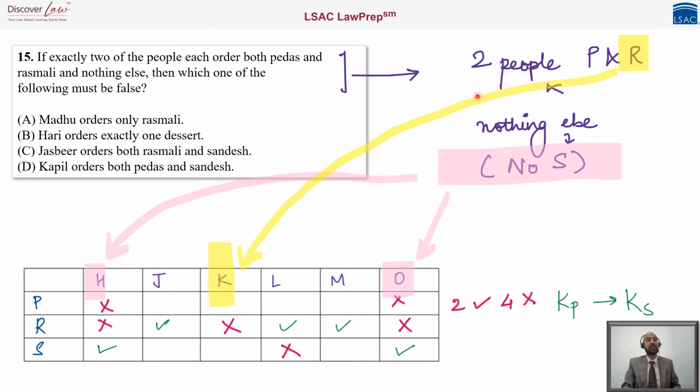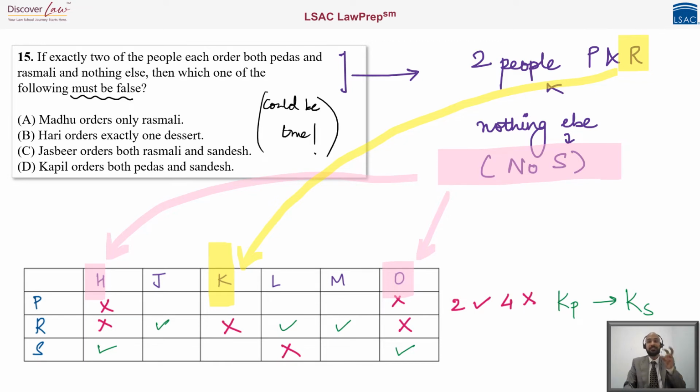Now I want you to look at the nature of the question. It says which one of the following must be false, which means which is the one that is false in all cases. You might get scared initially when you see that there are three spots and you don't know which two people to choose. But when you're solving a must be false question, you're looking at the options which could be true.